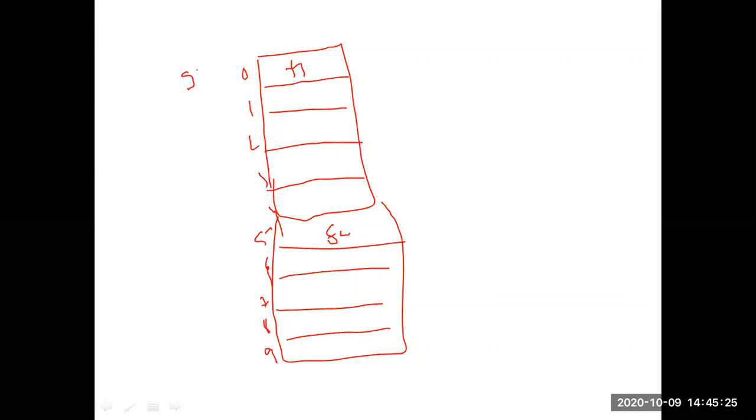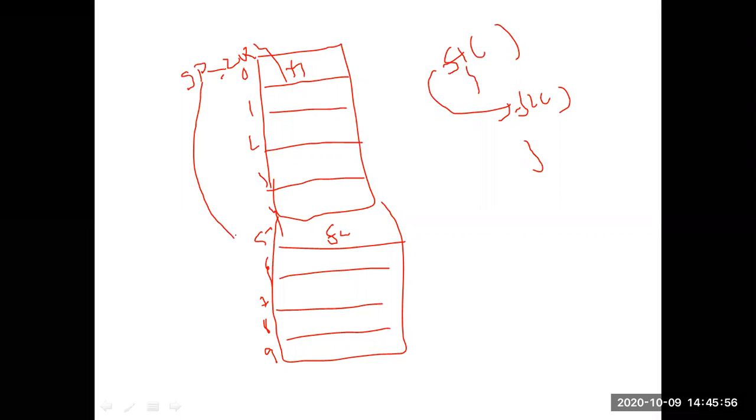Now, initially the stack pointer contains the address of function 1. SP is equal to 2024. Inside the logic of function 1, function 1 is calling function 2. Whenever function 1 calls function 2, the calling function calls the called function, and the stack pointer is incremented to go to function 2. Stack pointer is currently 2024.